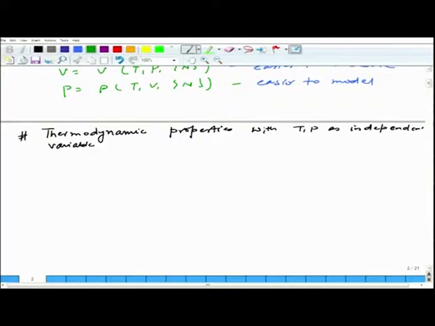Our goal is basically to express fugacity in terms of experimentally obtainable properties.